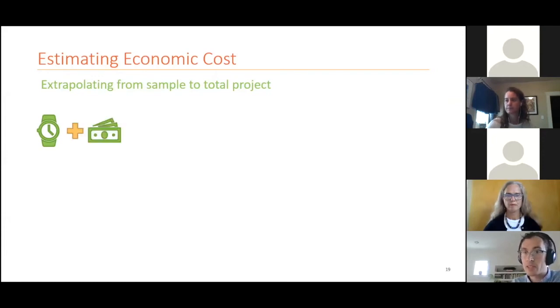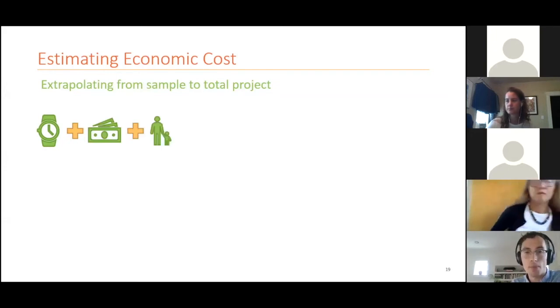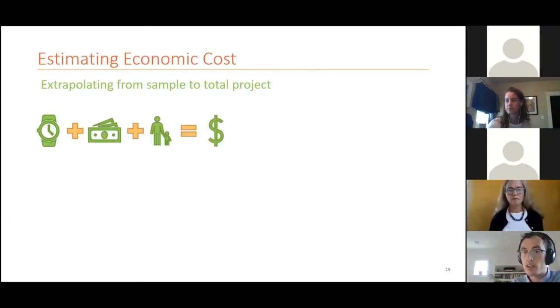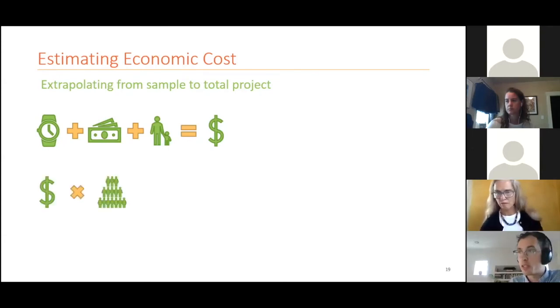You then add that to their total average out-of-pocket expense, and total average opportunity cost to arrive at a total average economic cost for a single project beneficiary for a single activity. You can multiply that total average economic cost by the estimated total number of beneficiaries to arrive at a total economic cost for beneficiaries overall. For example, you might know or estimate the number of beneficiaries in a rural context.